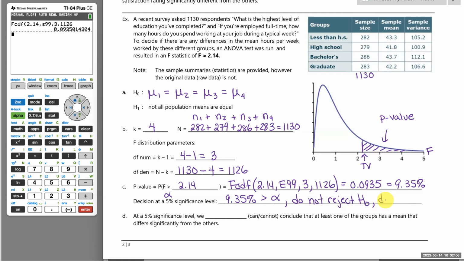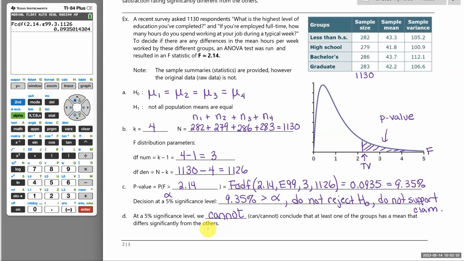And that means we do not support our claim. So at a 5% significance level, we cannot support a claim that at least one of the groups has a mean that differs significantly from the others.